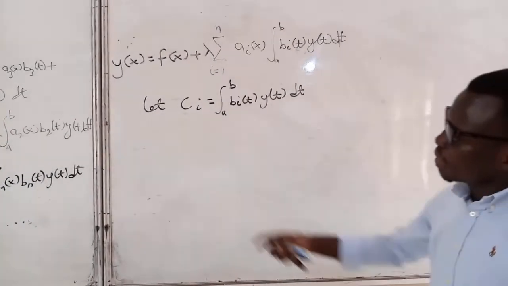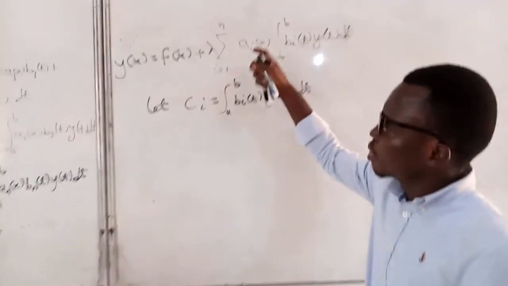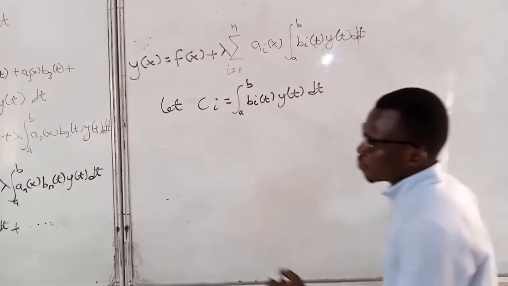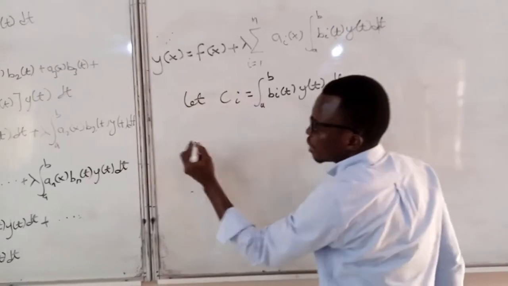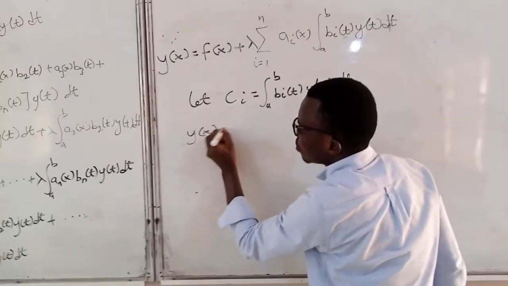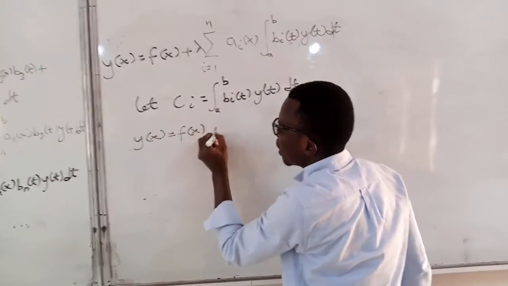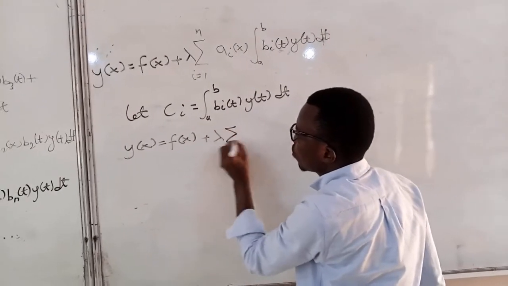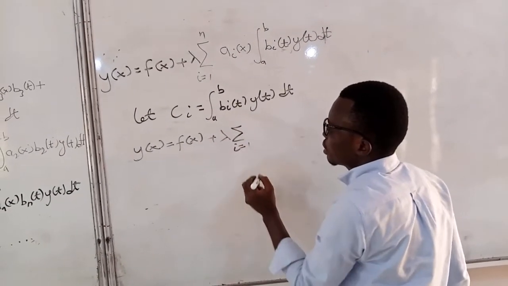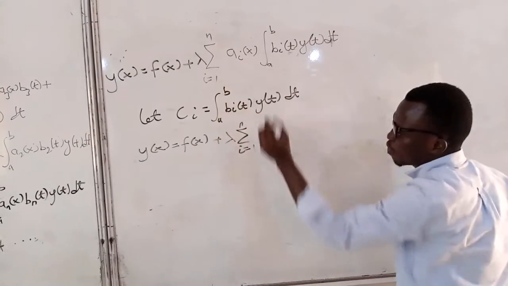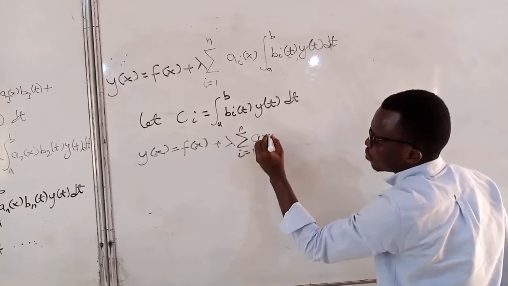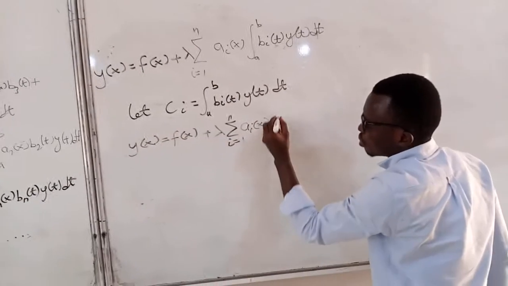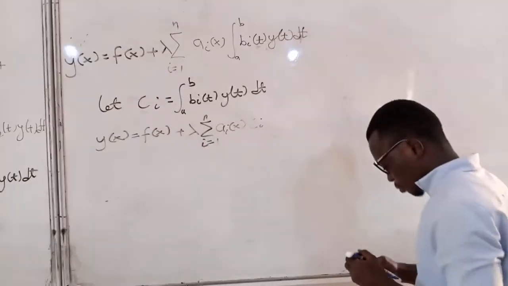And let's substitute this ci into this equation. I'm going to have y of s becomes f of s plus lambda summation of i equal to 1 to n, then ai of s times your ci.